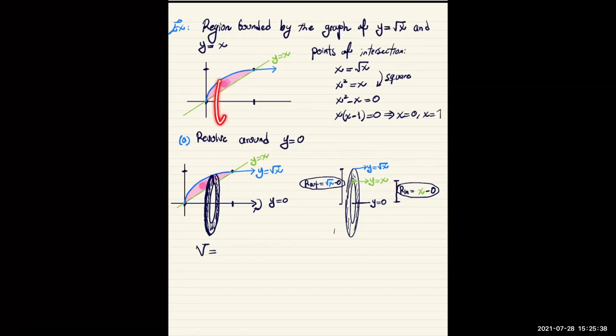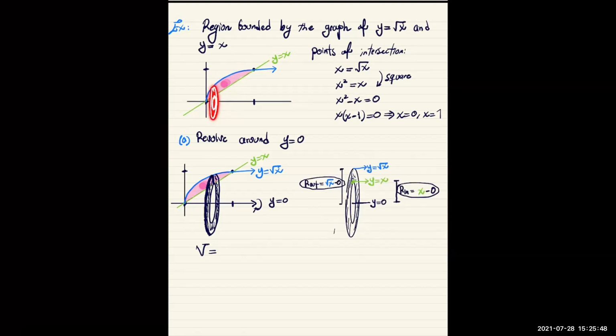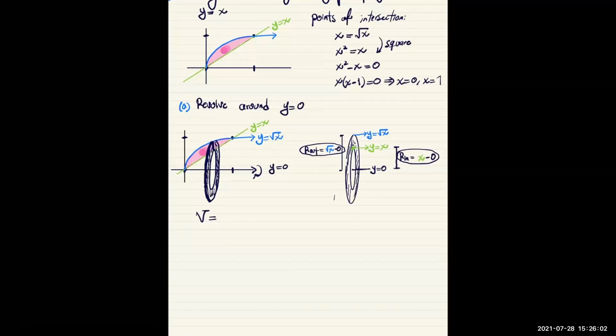Or you could say that these washers range from 0 all the way to 1. Okay, the solid is you stacking up all those washers. So stack up means you take the integral from 0 to 1. Leave the pi out, please.